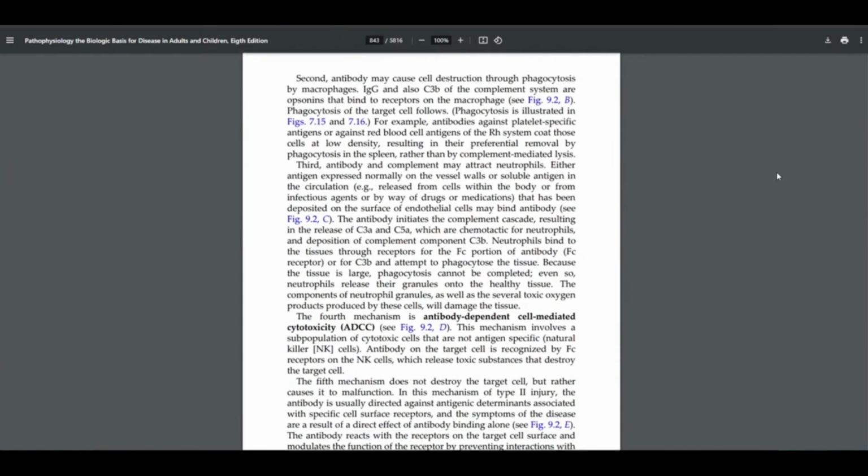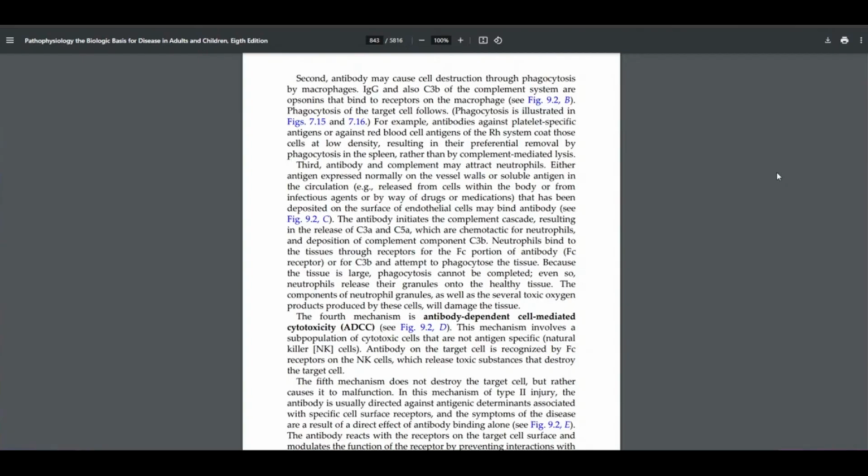Second, antibody may cause cell destruction through phagocytosis by macrophages. IgG, and also C3b of the complement system, are opsonins that bind to receptors on the macrophage. Phagocytosis of the target cells follows.